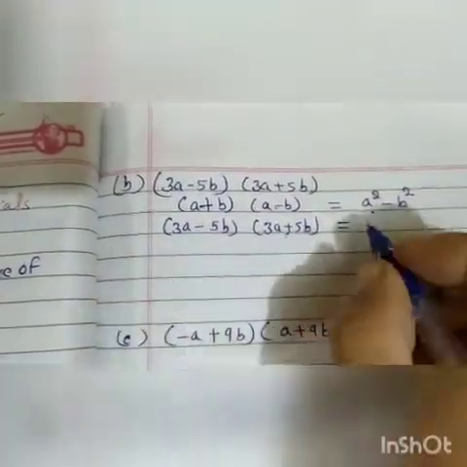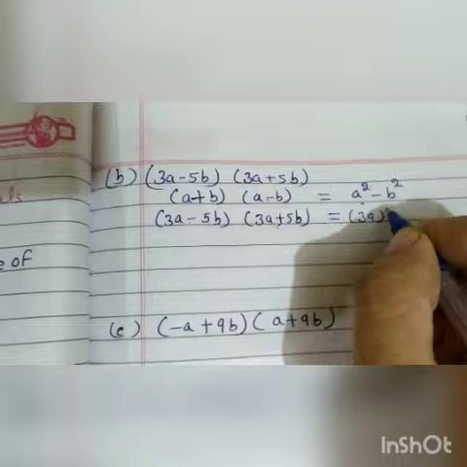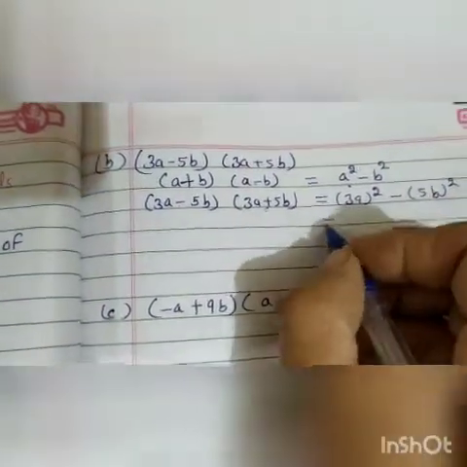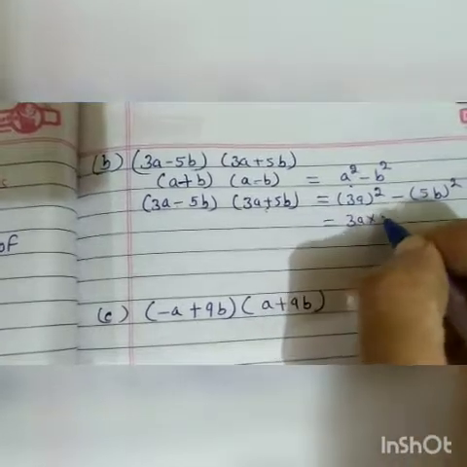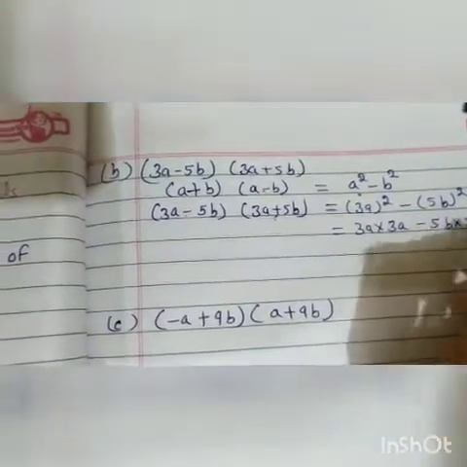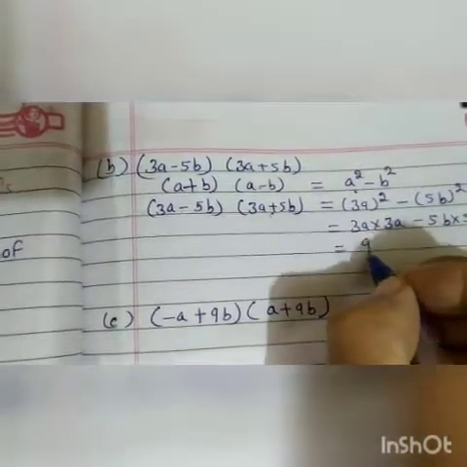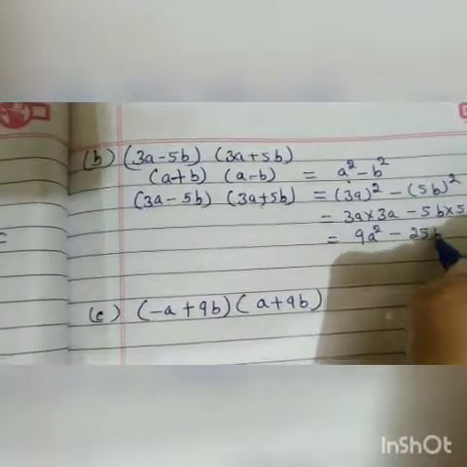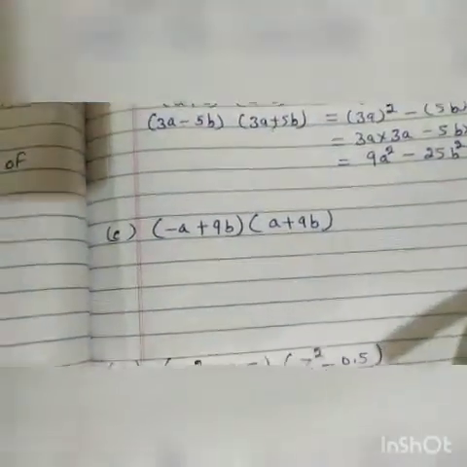Our first term is 3a. We will write 3a whole square minus 5b whole square. Now 3a whole square means 3a into 3a, minus 5b into 5b. So 3 threes are 9a square minus 5 fives are 25b square.